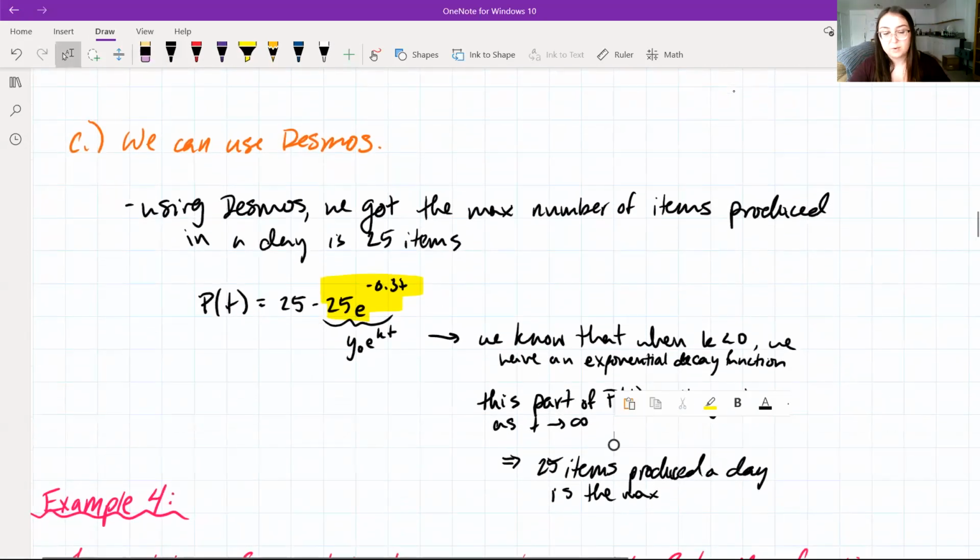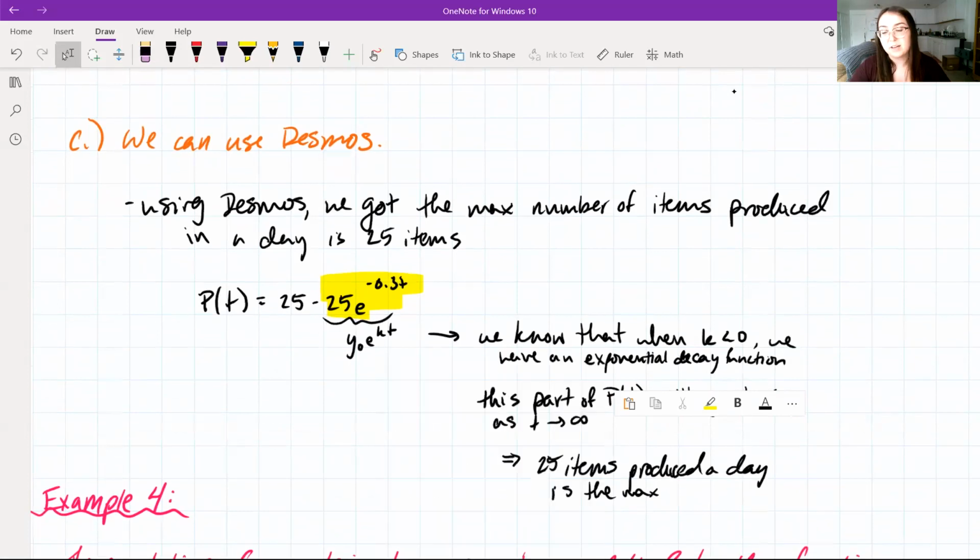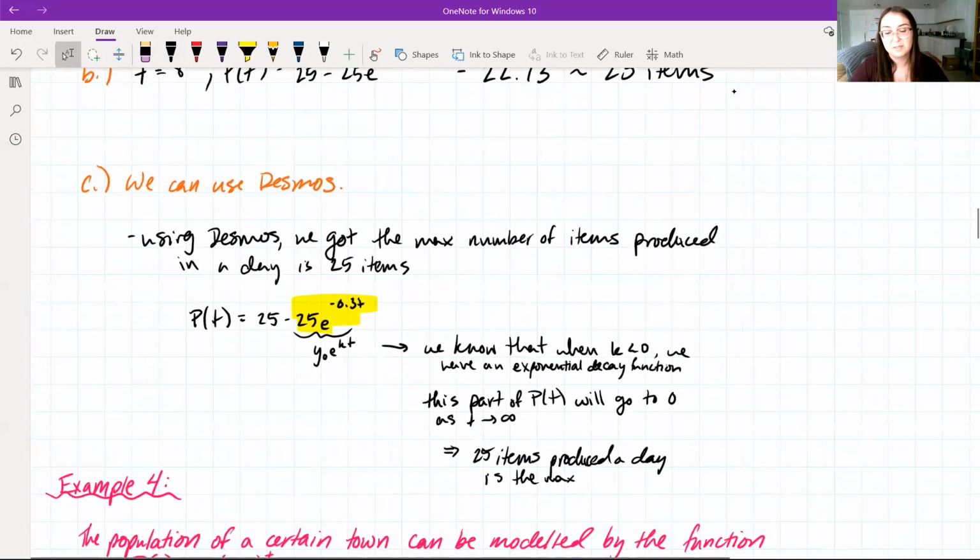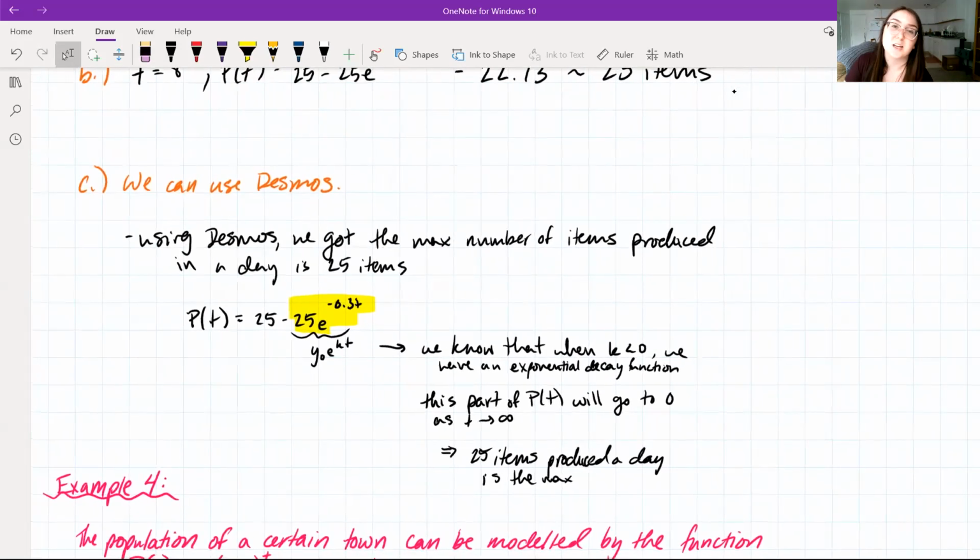So we can always use Desmos or a graphing calculator. That is always a very good option to have, but we can also use logic in order to figure out where our maximum value is going to be.